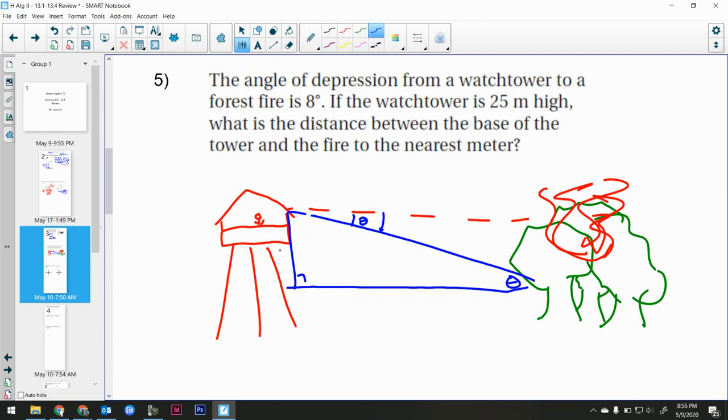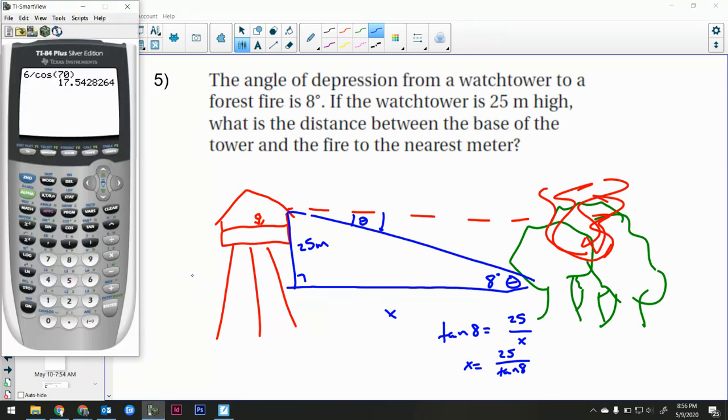I know if the watchtower is 25 meters high, this is 25 meters. What is the distance between the base of the tower and the fire to the nearest meter? X. Okay, so I know that this is 8 degrees. So I know I'm going to have to use tangent. Tangent of 8 degrees is equal to the opposite, 25, over the adjacent x. Okay, cross multiply and divide, we're going to get x is equal to 25 divided by tangent 8.